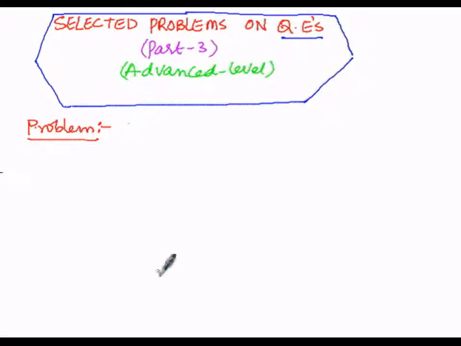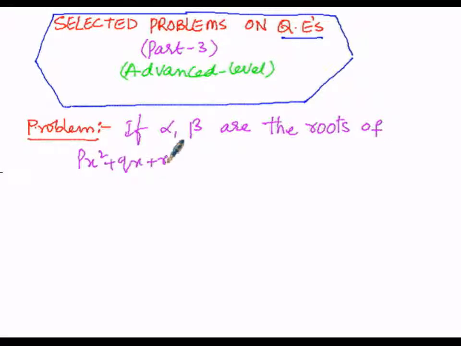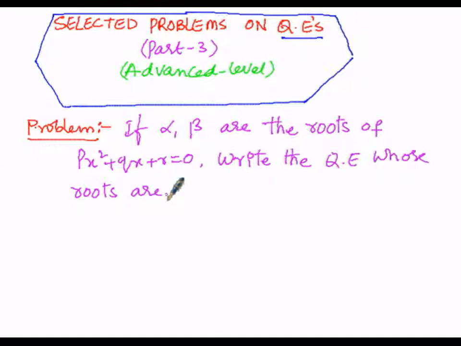If alpha, beta are the roots of the quadratic equation px square plus qx plus r equals to 0, then we have to write the quadratic equation whose roots are alpha plus 1 by beta, the other is beta plus 1 by alpha.